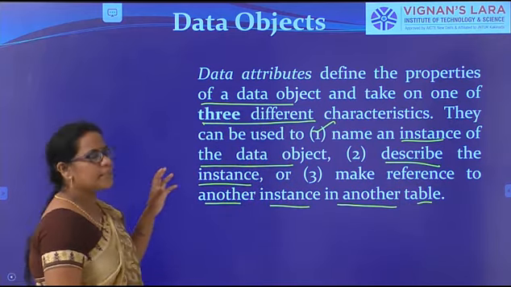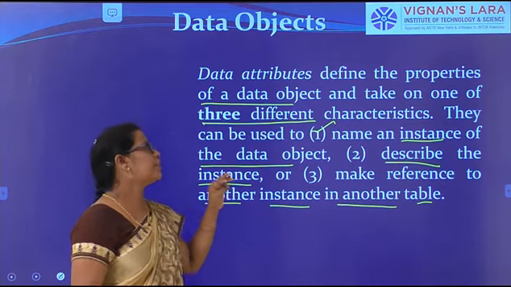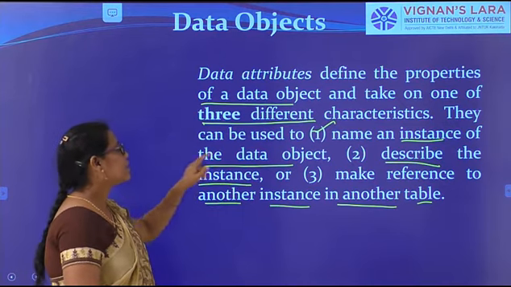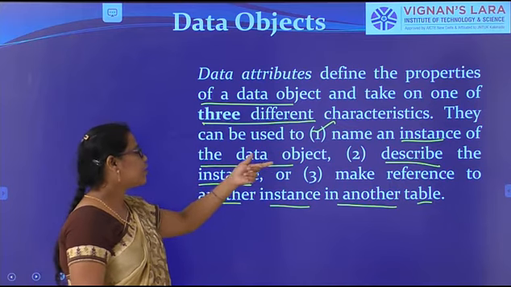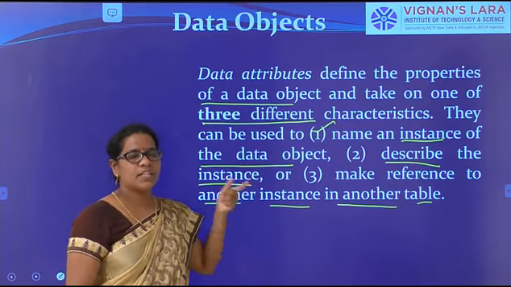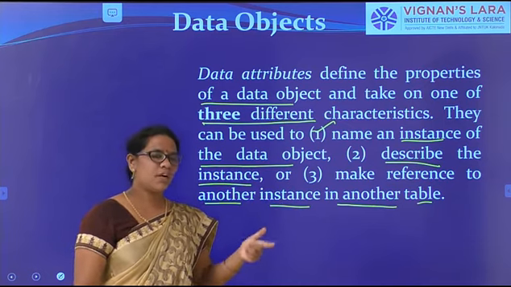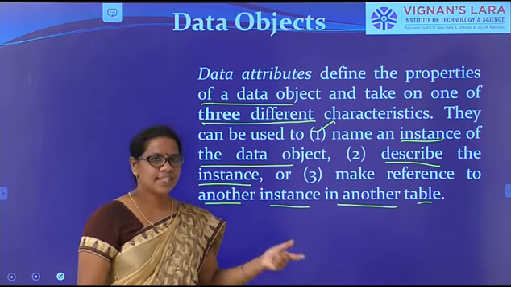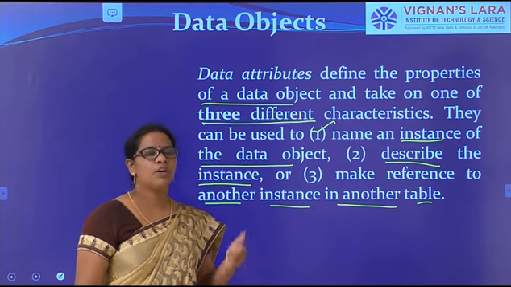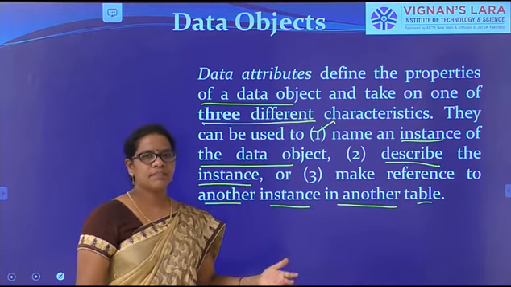Data attributes can be defined in three different characteristics. The first is to name an instance of the data object at a particular time. What is the name of that object? It is a car, whether it is a Maruti, BMW, Audi or something else.